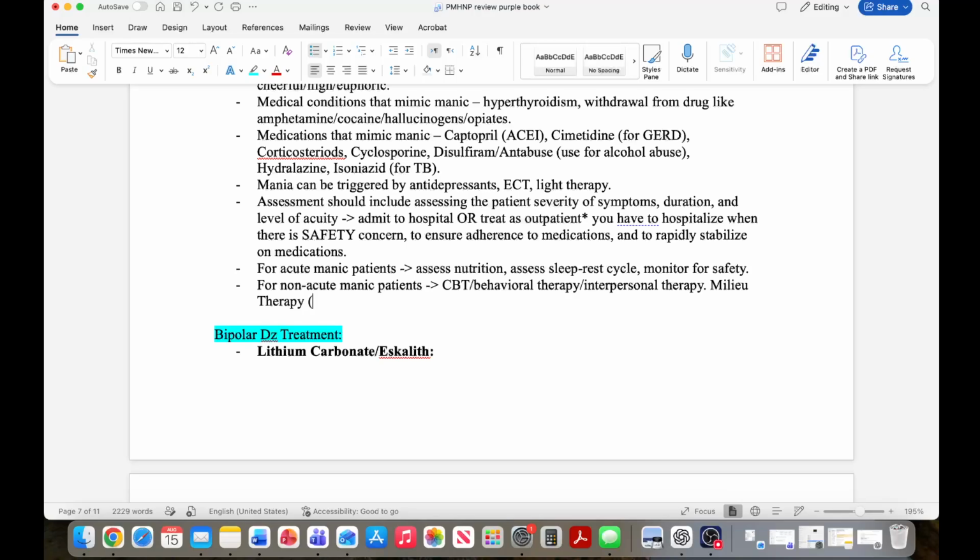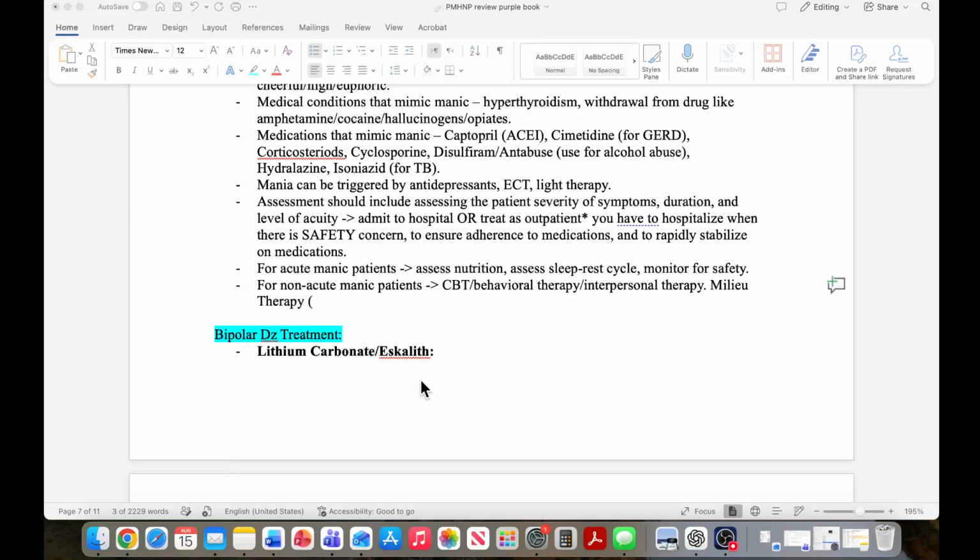Okay, that sounds like all the therapies. Why does it have this weird name? All right, you know what? I actually looked it up, and it's not a normal therapy. It's a therapy that focuses on creating a therapeutic environment for the manic patients.